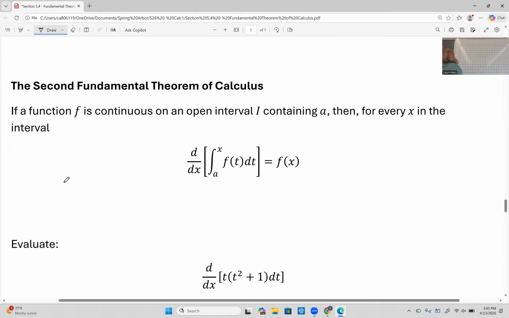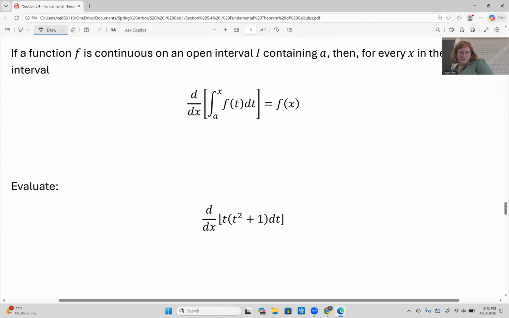But this is the second part of the fundamental theorem of calculus, and that is if I'm taking the derivative with respect to x of the integral from a to that same variable x of f of t dt, that is the same as just the function with x plugged in.